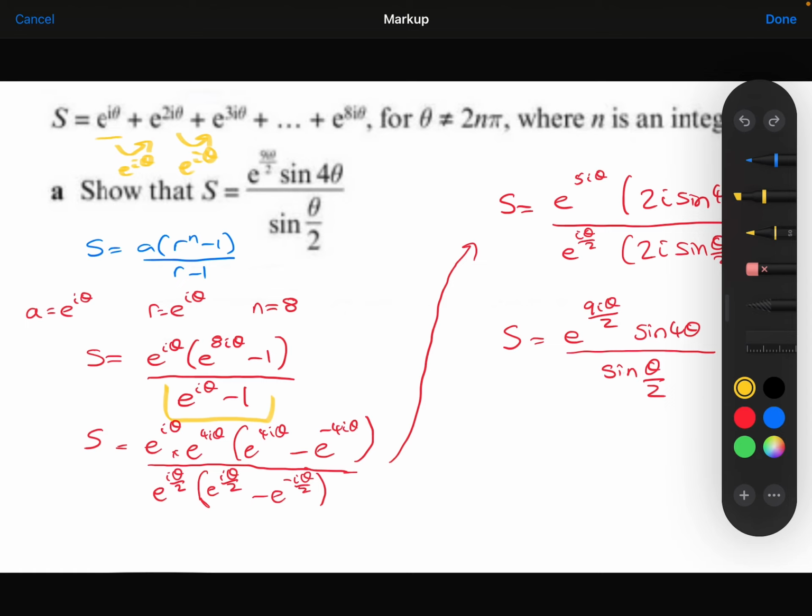So first of all, let's just focus on the e to the 8i theta minus 1. I decided to factorise out the e to the 4i theta, which left on the inside e to the 4i theta minus e to the minus 4i theta, because this times this is this, and this times this is this.